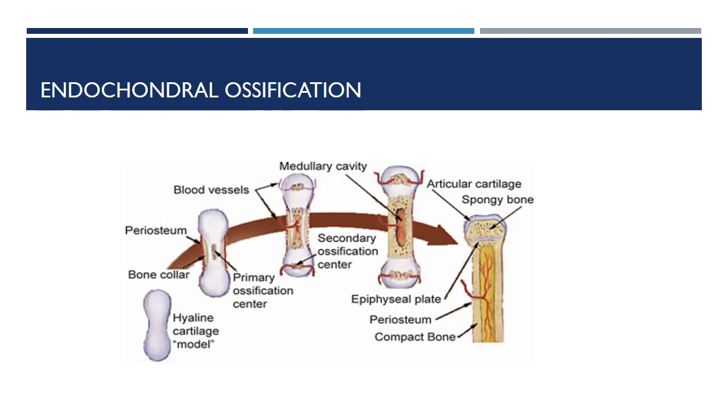Next is endochondral ossification. Chondro means cartilage and ossification means bone formation. So endochondral ossification starts with the hyaline cartilage model. All our long bones like the humerus, the radius, ulna, etc. form through this process.